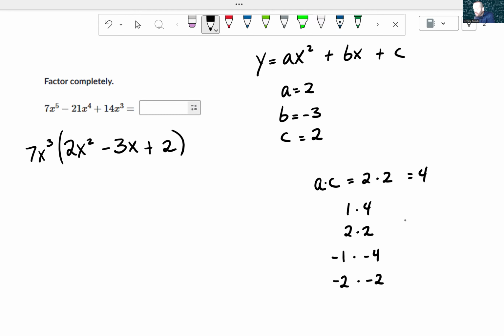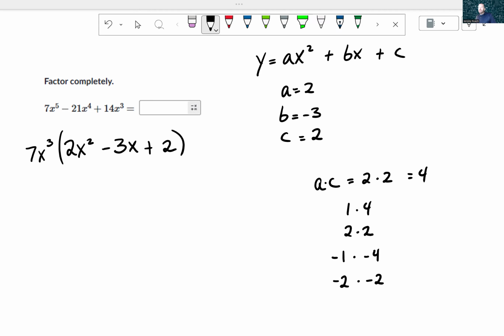Now, when a times c is a bigger number, we have a much larger list. But here we have something that's a little more simplified. Now, sometimes we can't factor this, and we have to use the quadratic formula, and I'm just going to check to see if we have to do that in just a second here.